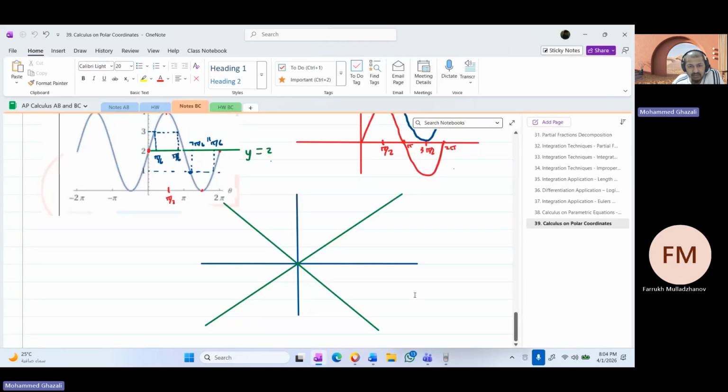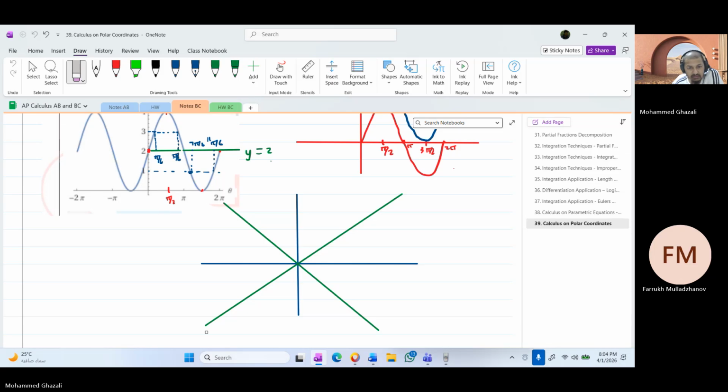All right, so I've got some helping lines here. You with me? Is it making sense? So what are these helping lines? This is pi by 4. This is 2 pi. That's pi by 2.